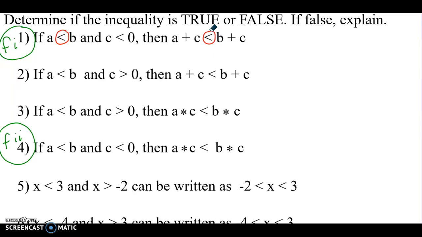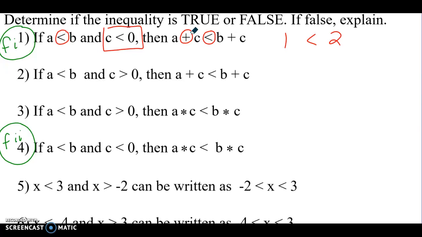So if we start out with A is less than B, and if all these letters confuse you, pick some numbers. What's a statement that's true where A is less than B? 1 is less than 2. And what does this mean? Some C value is less than 0. It's a negative number. So we're adding a negative number, which is really just like subtracting, right?